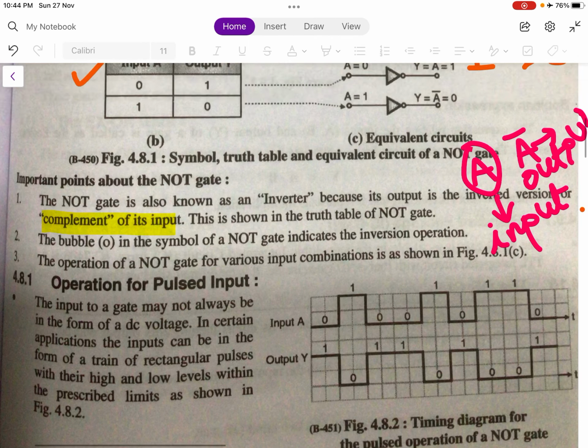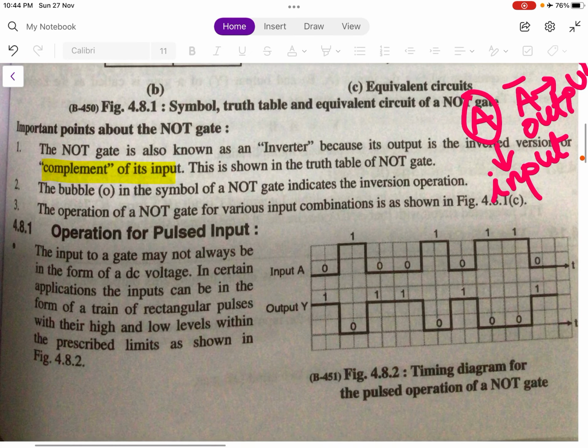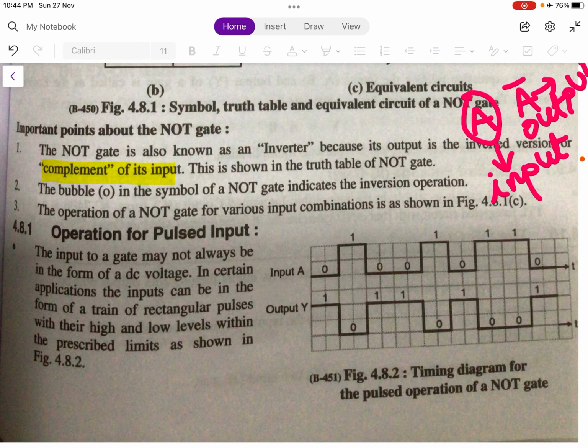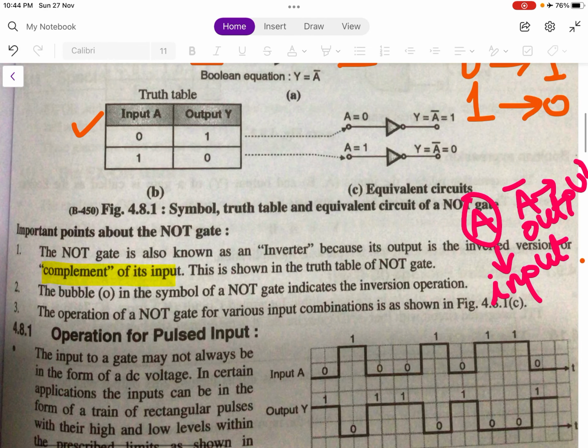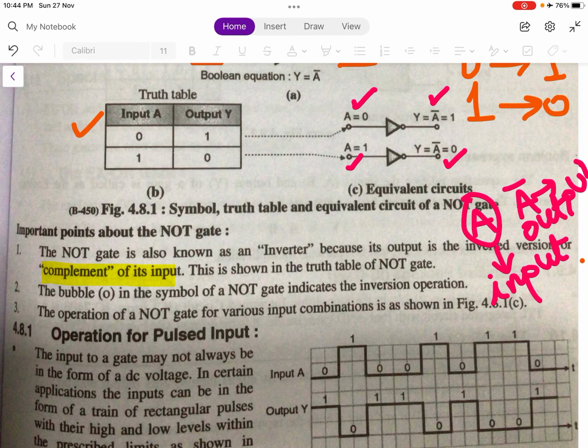This is shown in the truth table of the NOT gate. The operation of the NOT gate for various input combinations is as shown: if the input is 0, the output will be 1. If the input is 1, the output will be 0.